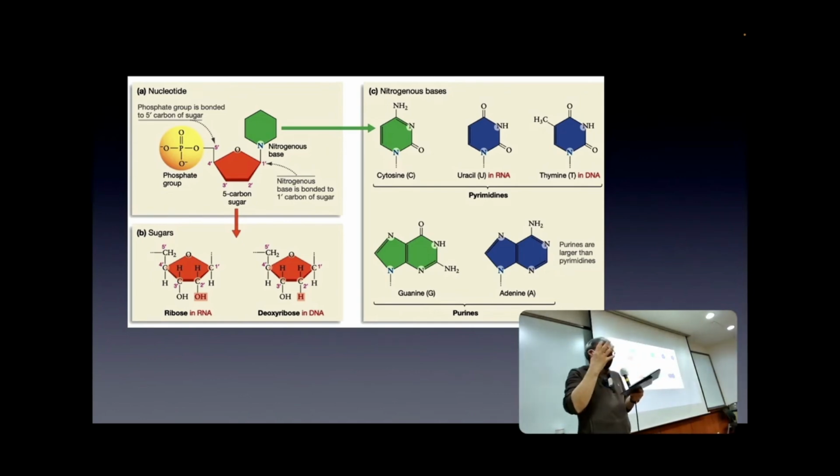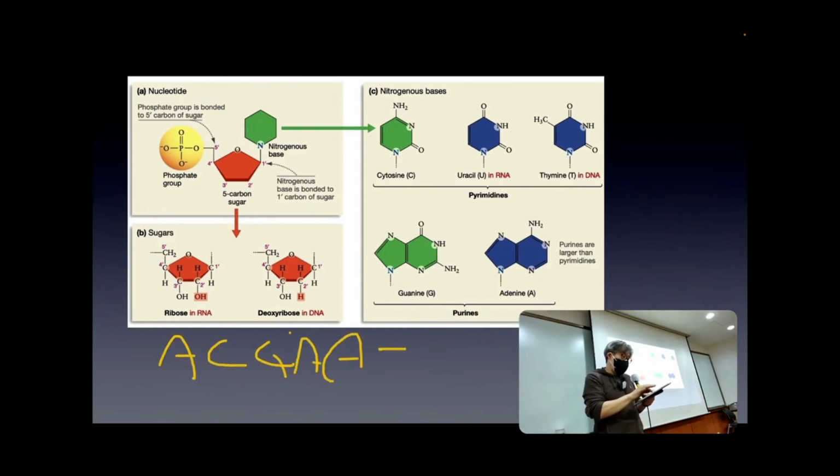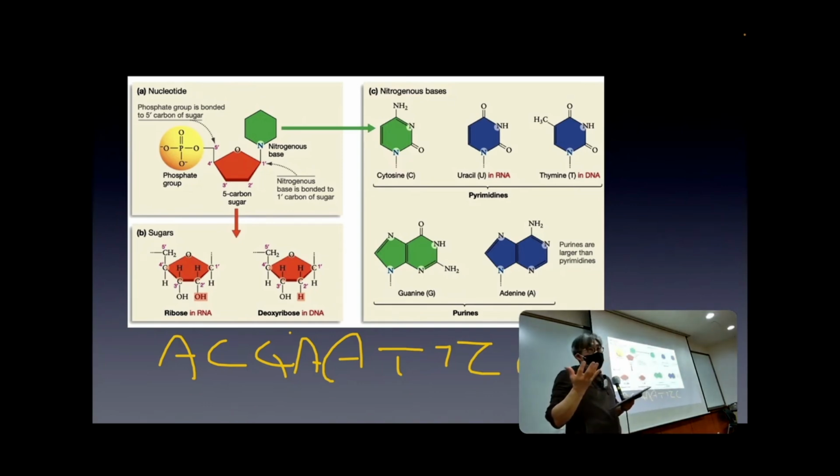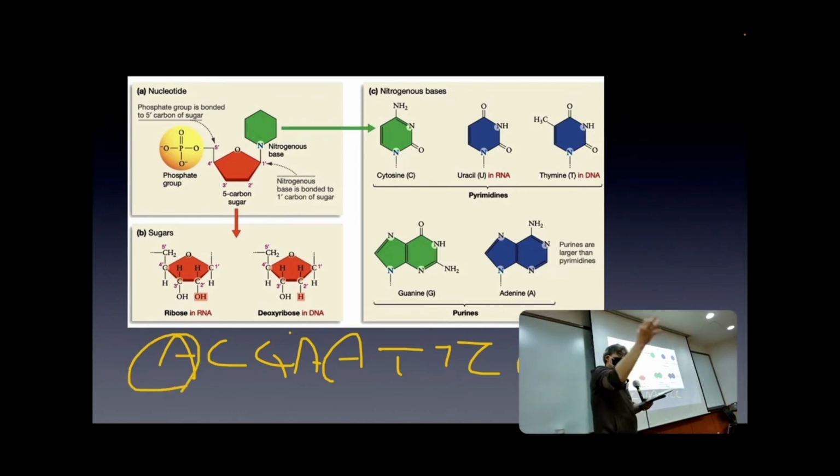For example, at a crime scene, detectives will try to read DNA evidence, and a lot of times the information comes as A, C, G, A, T, T, C. What are these? These are the abbreviated forms of each different nucleotide of the sequence. So A means the nucleotide having adenine. Where is your adenine? Here.